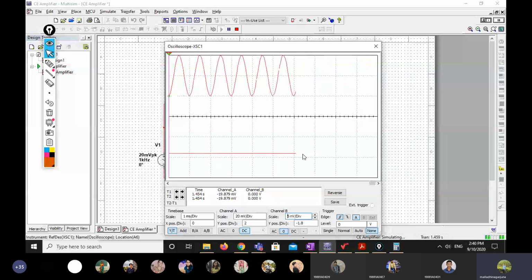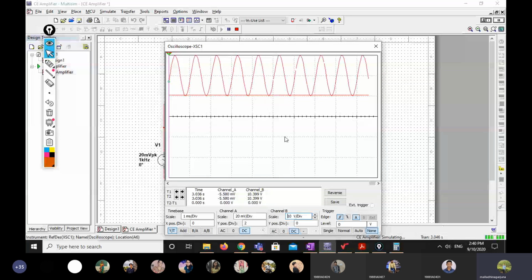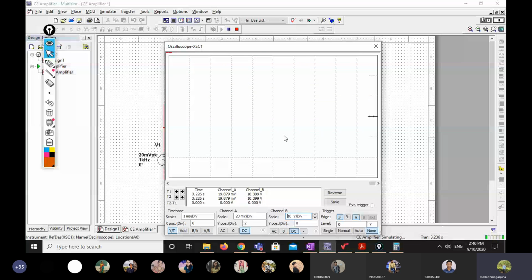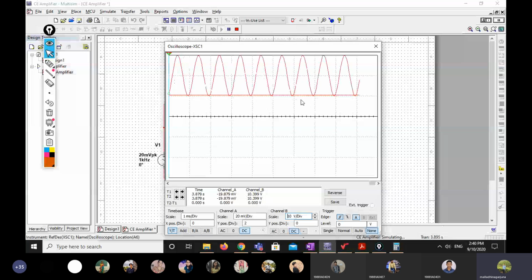What I told is that coupling capacitors are used to block the DC signal and allow the AC signal. But I'm not connecting the coupling capacitor, so I'm not getting the AC signal. This is the DC signal, a straight line. What we are expecting at the output is the AC signal, but I'm getting the DC signal.